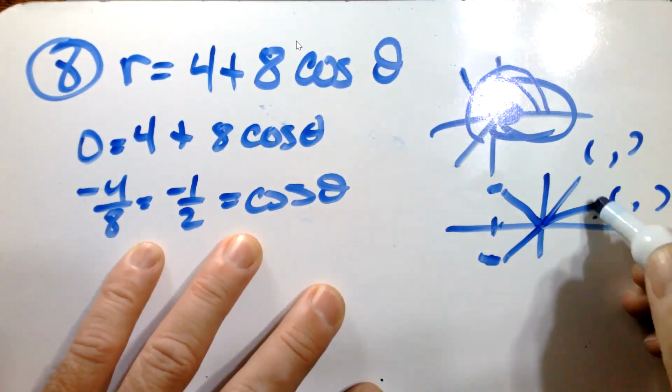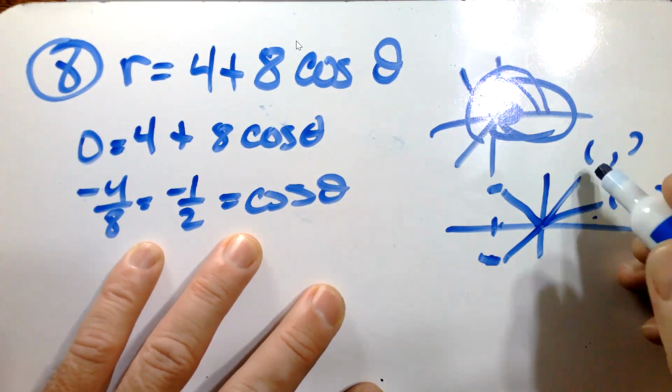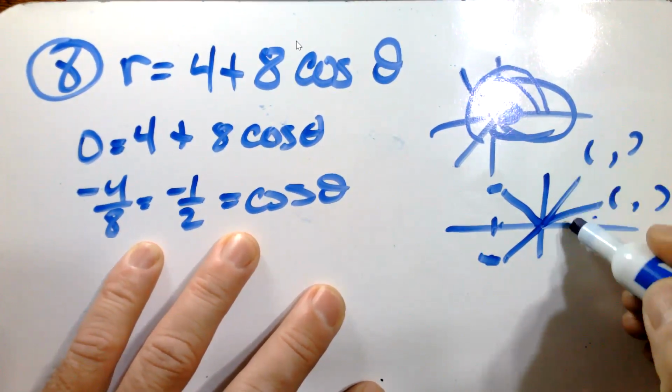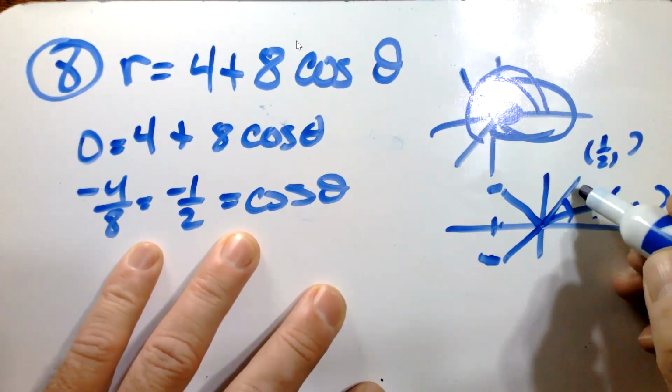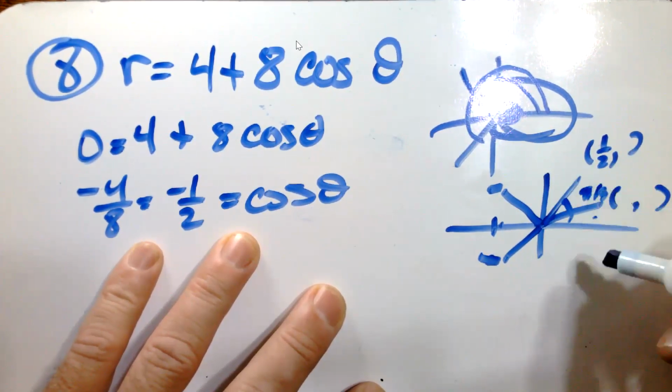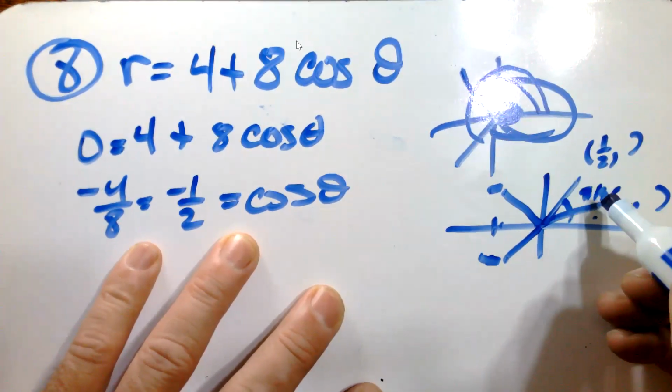Now, the x-coordinate is the first coordinate, and if it's 1/2, it means it would be the shortest side. So it's got to be the higher of the two, which is pi over 3. That's going to be our reference angle.